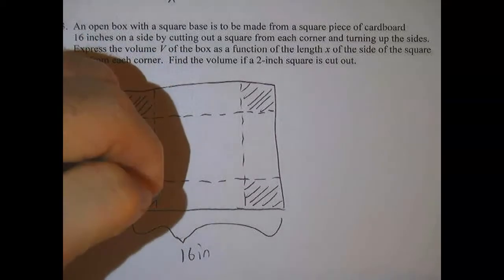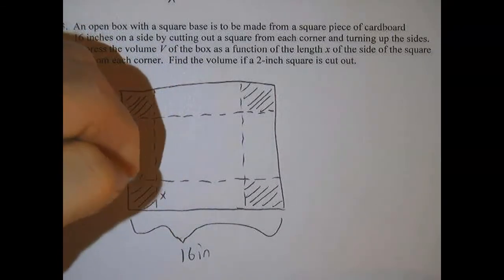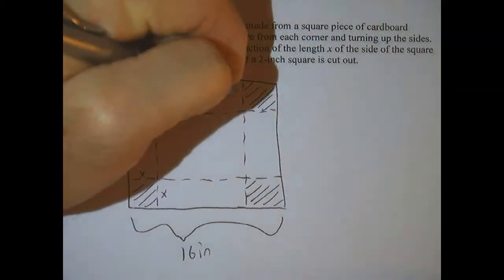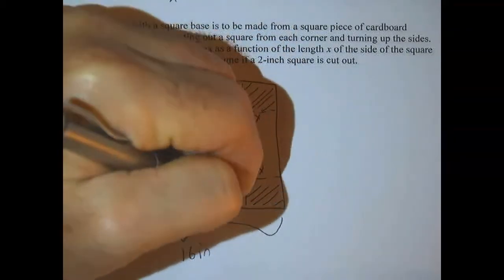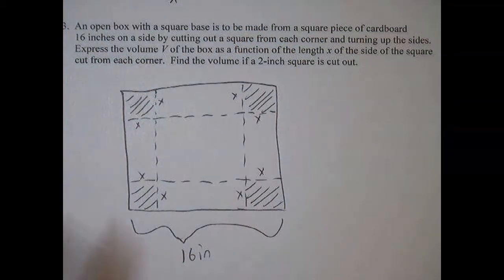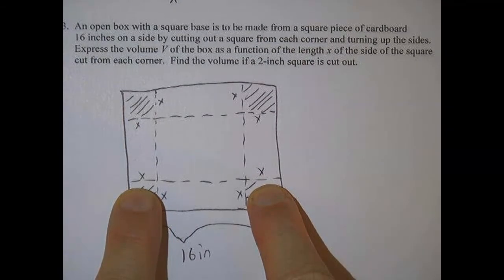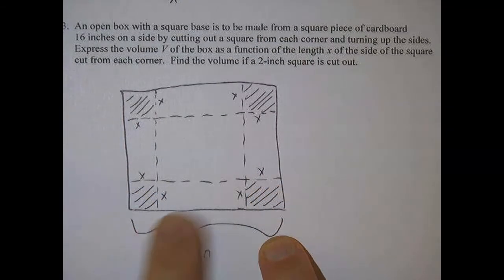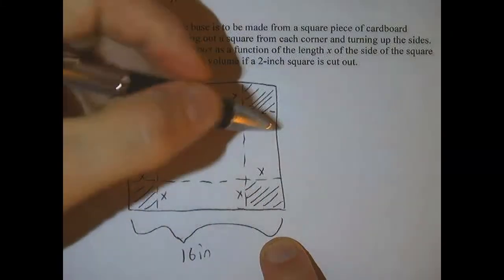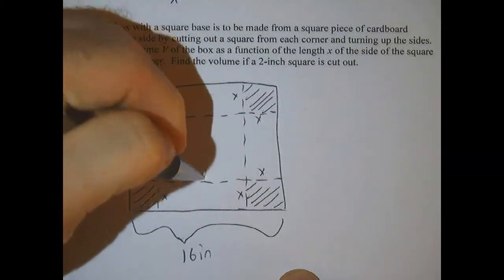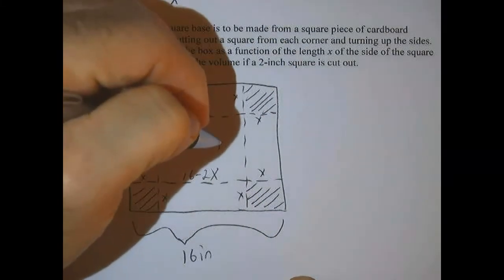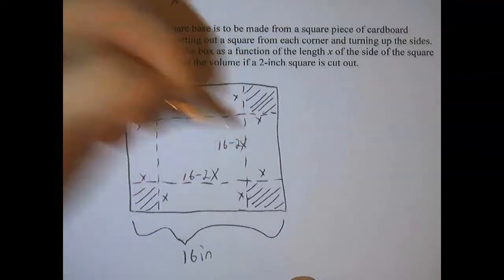So this is going to be our variable right here. So this is x. All of these, because they're squares, are x by x squares. And when we take out the squares here, we're actually removing two x's from the 16. So the side length here is going to be 16 minus 2x by 16 minus 2x, because again, it is a square.